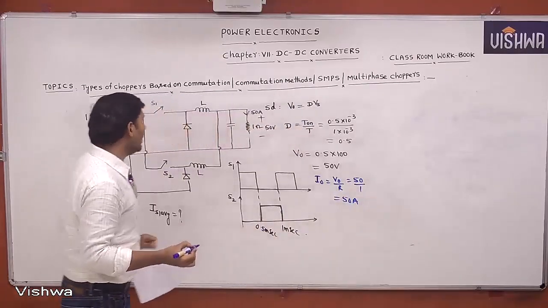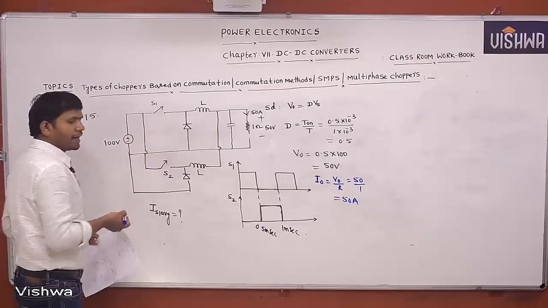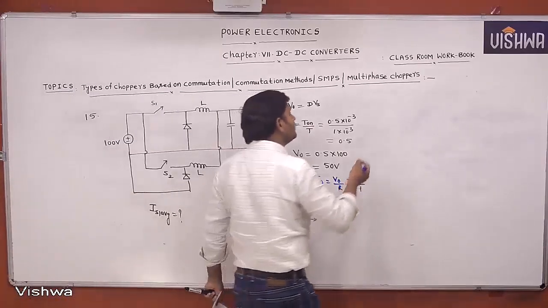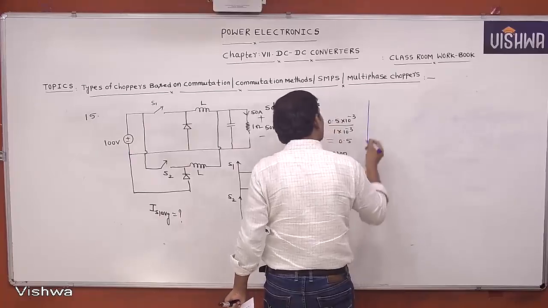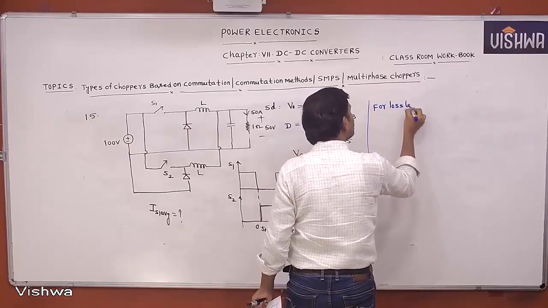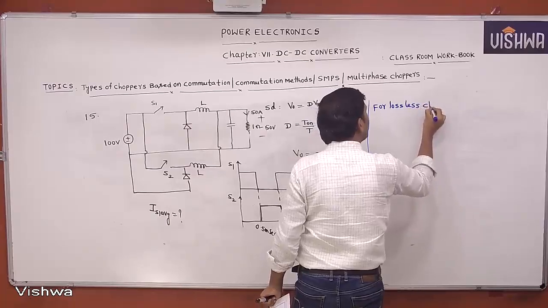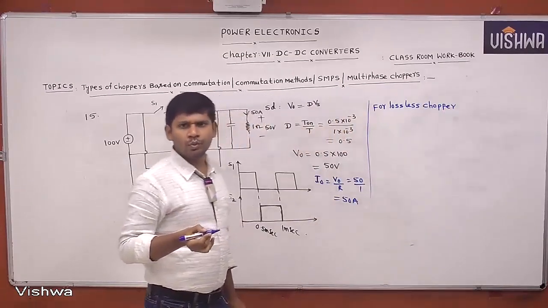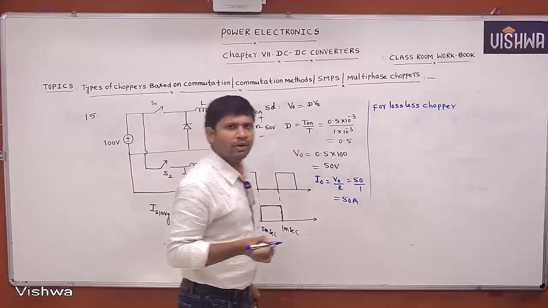But you want to find the average value of switch current. For that, first you tell me. Let's assume a lossless chopper. What is the condition for a lossless chopper? Input power equal to output power.